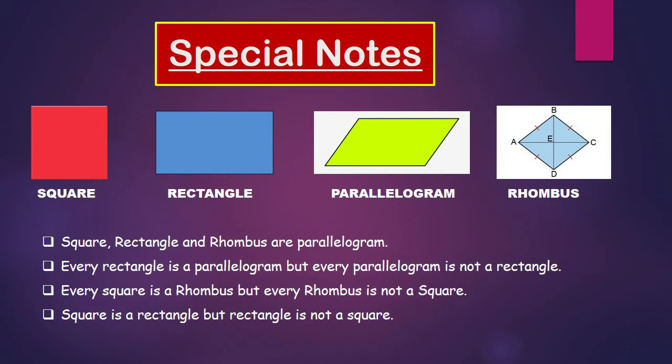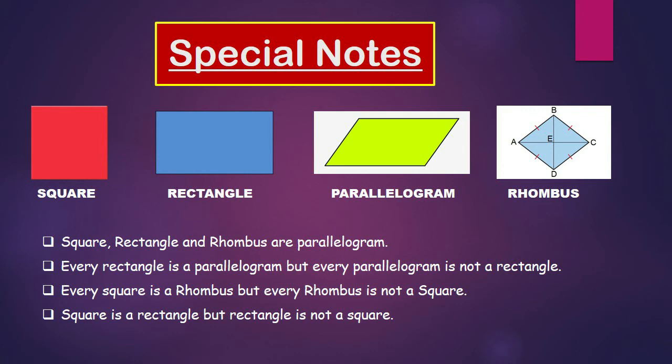Because in rectangle, each angle is 90 degrees. But in each and every parallelogram, angles may not be 90 degrees. Every square is a rhombus, but every rhombus is not a square. The same logic is applied here. In square, all the four angles are right angles, but in each and every rhombus, all the angles may not be 90 degrees. So every square is a rhombus, but every rhombus is not a square.